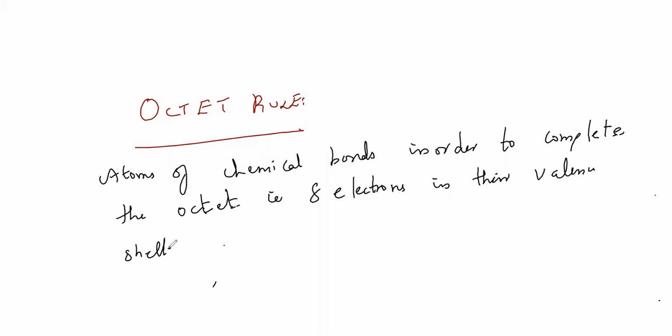So the octet rule means they should have 8 electrons in their outermost shell, the valence shell. That's all. This is not that important; the next one is going to be important.